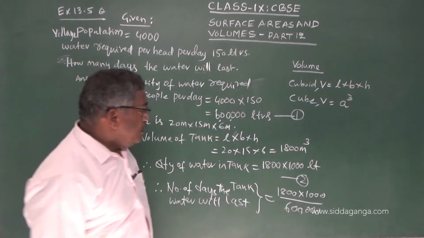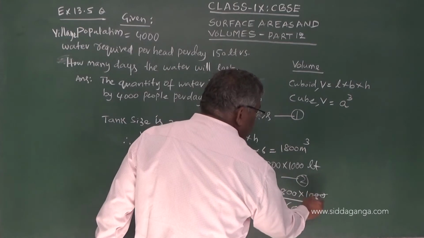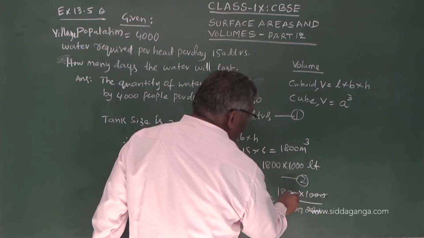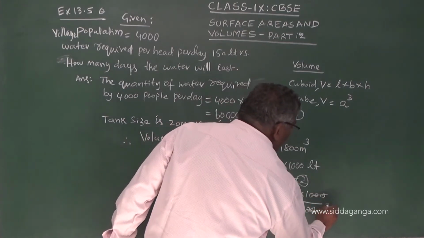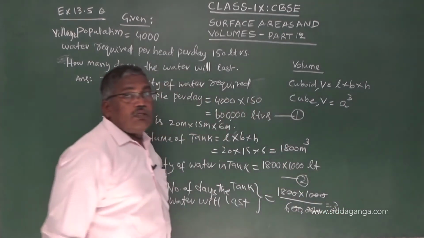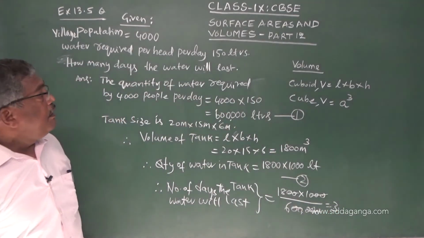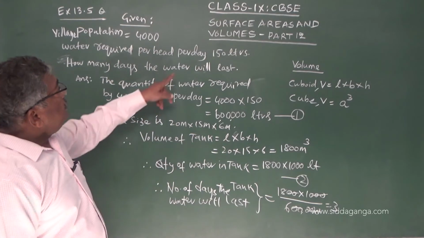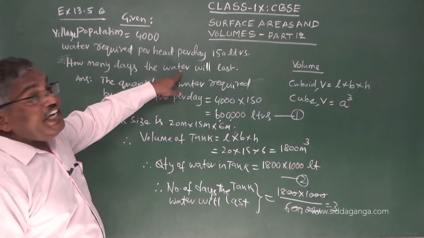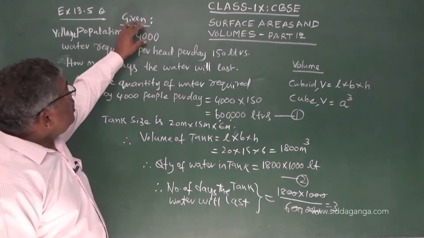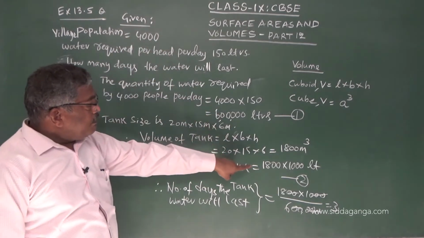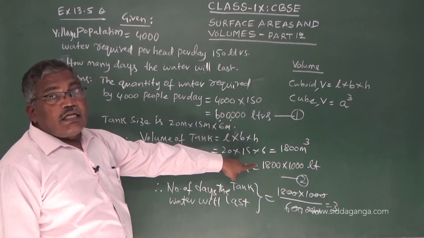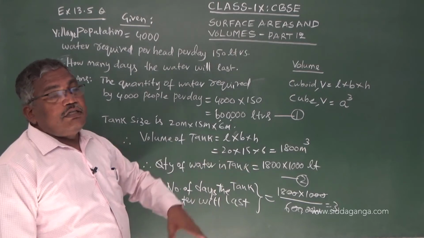So that means these 3 zeros will go, 2 zeros will go, you will get 3. So the tank water will suffice for 3 days. So the total quantity of water available in the tank will be sufficient for 3 days.